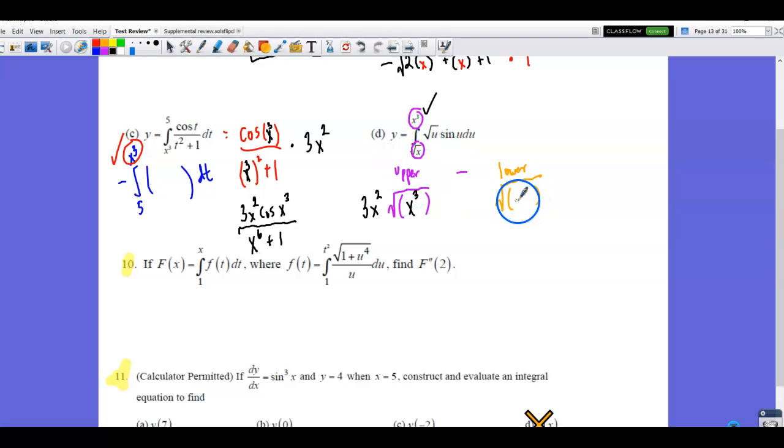And then when I substitute here, I get square root of x. And when I take the derivative of the square root, remember, square root of x is x to the 1/2. That's going to give me times 1/2 x to the negative 1/2.